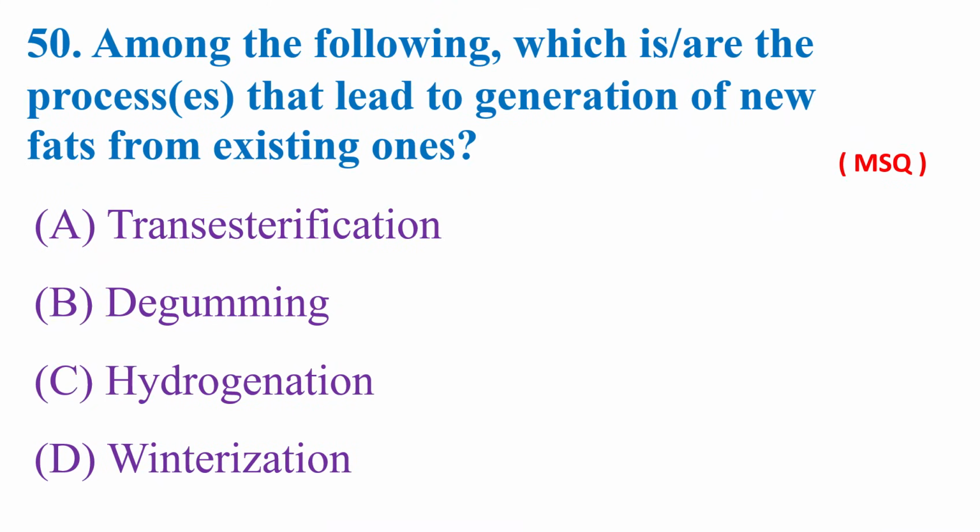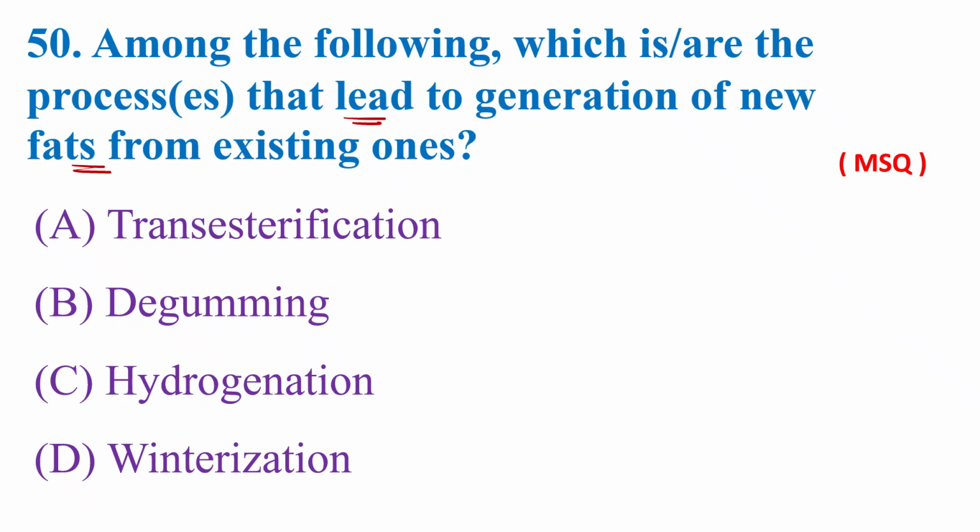Which are the processes that lead to the generation of new fats from the existing ones? It means a chemical modification in which the original fat molecules are modified to new fat molecules. So first option, transesterification.